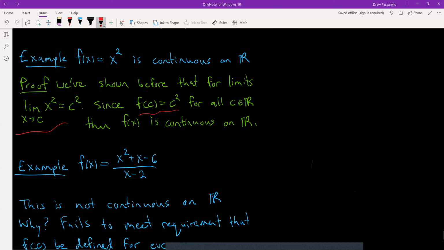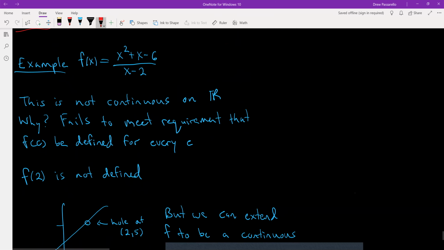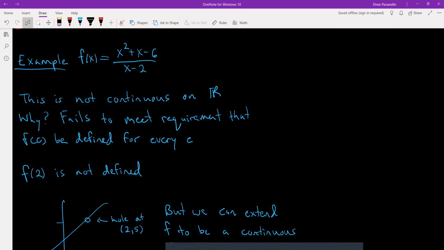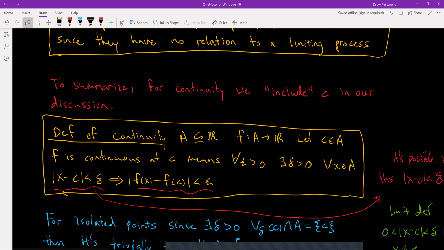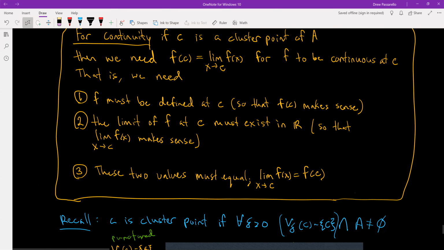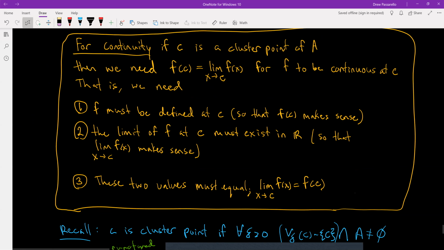Now consider this example. If we had f of x equal to x squared plus x minus 6 divided by x minus 2. Now this is an example of a function that's not continuous for the entire real number line. So why is that? It fails to meet the requirement that f of c is defined for every c. So again, we have three requirements. We need f of c to be defined.